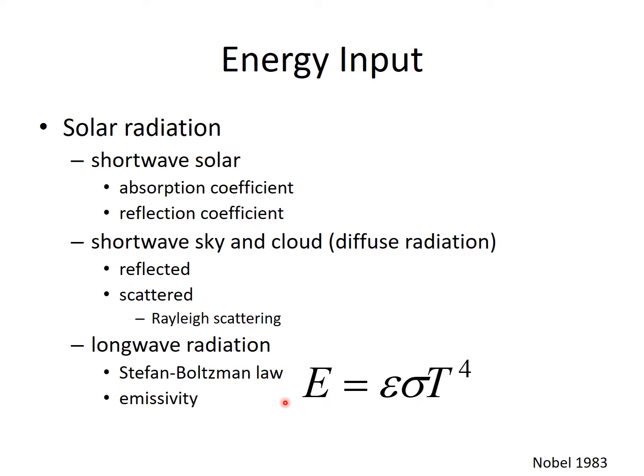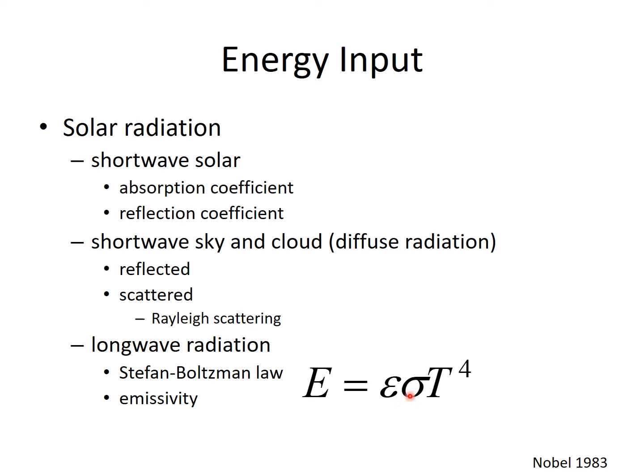The Stefan-Boltzmann law says the amount of long-wave radiation emitted by an object is a function of the temperature of that object in Kelvin raised to the 4th power, along with the emissivity and the Stefan-Boltzmann constant.